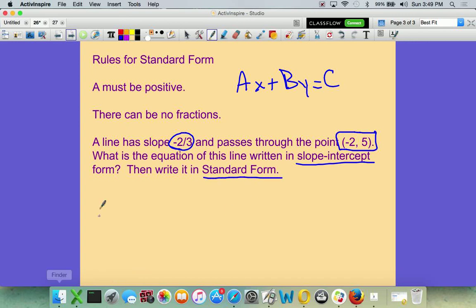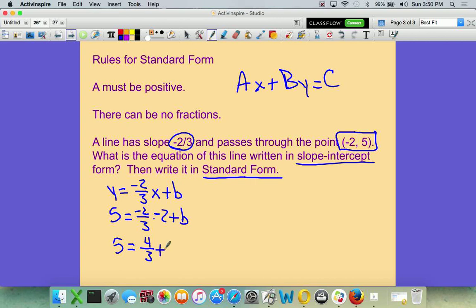So slope-intercept form, y equals m, well our m is negative 2/3, x plus b. We're going to solve for b, so we've got to plug in our point, negative 2, 5. So 5 equals negative 2/3 times negative 2 plus b. Multiply those together. That gives us 4/3 plus b.